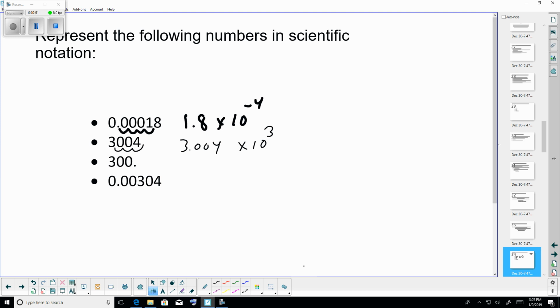The next one. Okay. 3.00 times 10 to the second. Because we have 3 significant figures here because there's a decimal point. So however many significant figures you have, that's how many have to be in the coefficient. The bottom one.